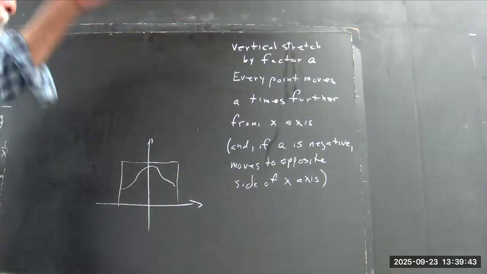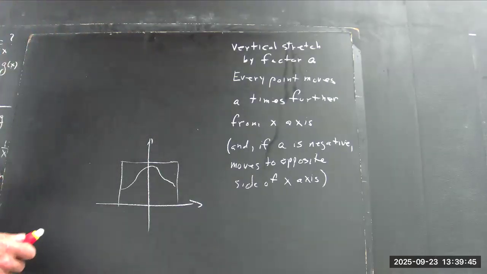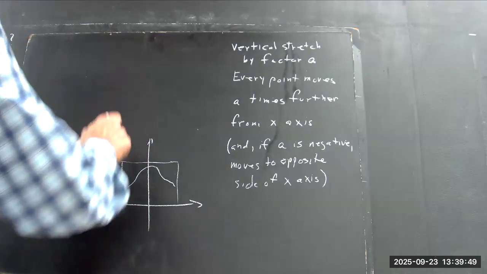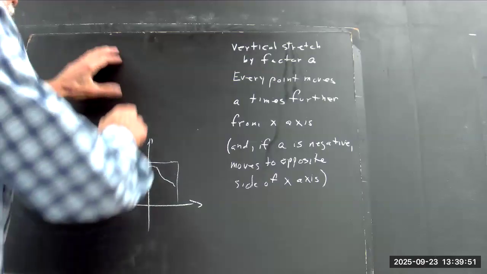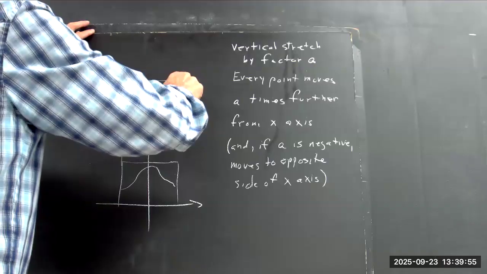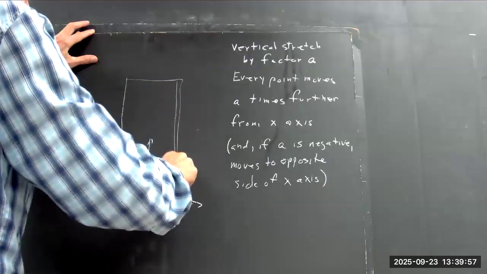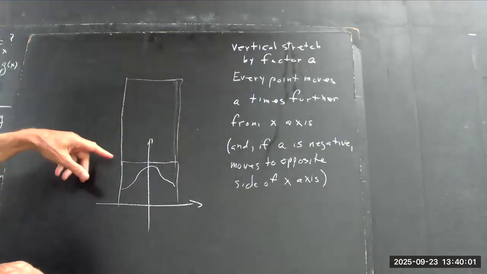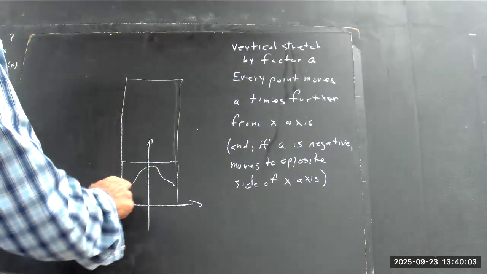If A is equal to, let's say, 3, then you're going to go 3 times as high. I've already done something like this, so you should have kind of seen this before. Now you construct a graph 3 times as high.